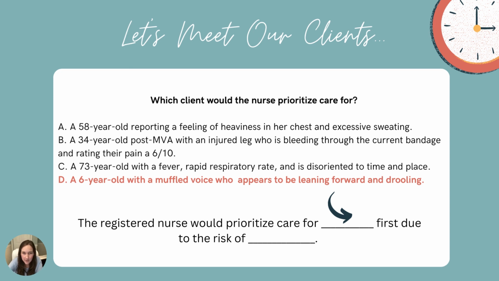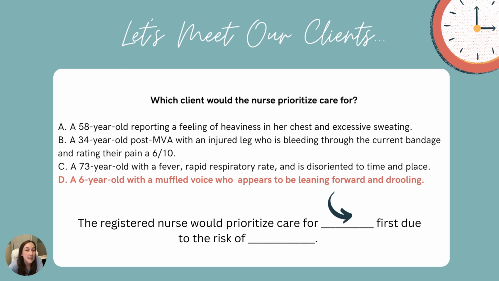All right, let's look at the other answers here. With client A, definitely a distracting answer here as we may be concerned about a myocardial infarction when we hear words like chest pain, chest heaviness, diaphoresis, or excessive sweating. But is that an airway, a breathing, or a circulation concern? Circulation. And we know airway comes first.